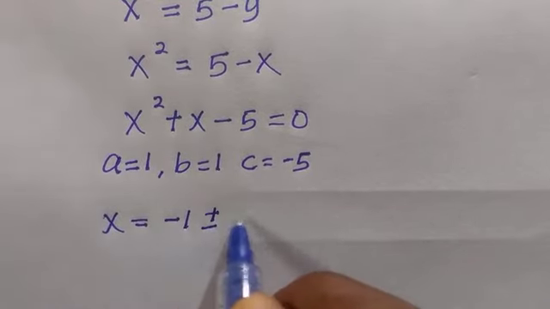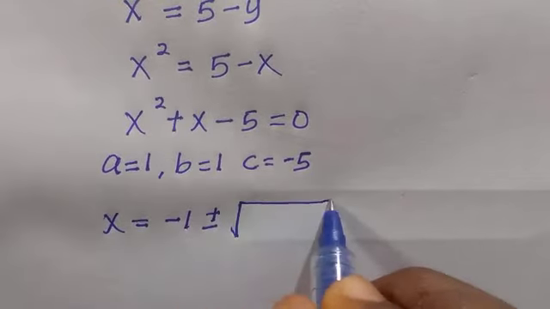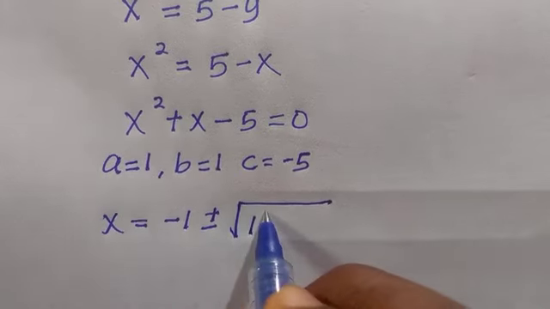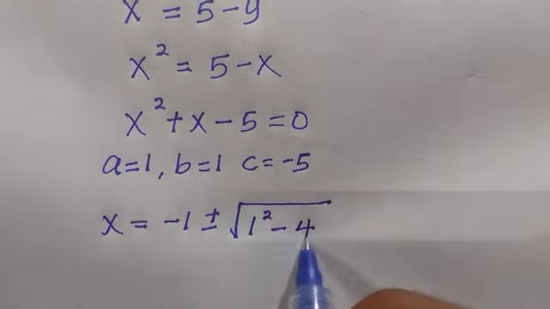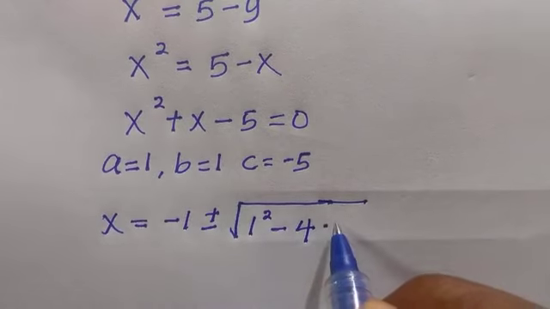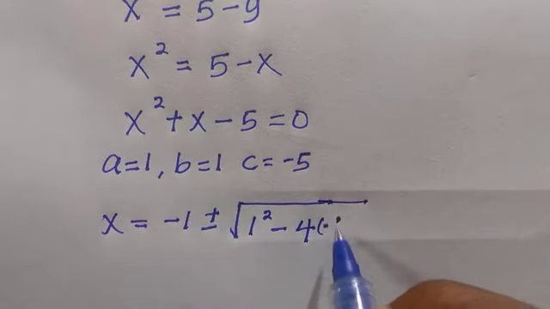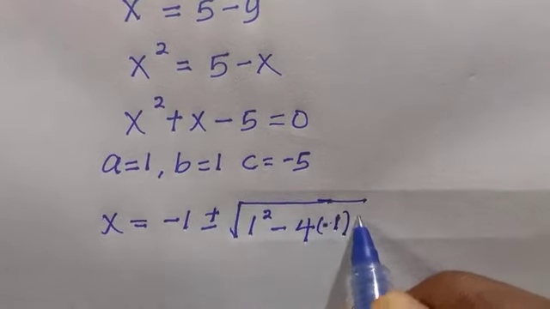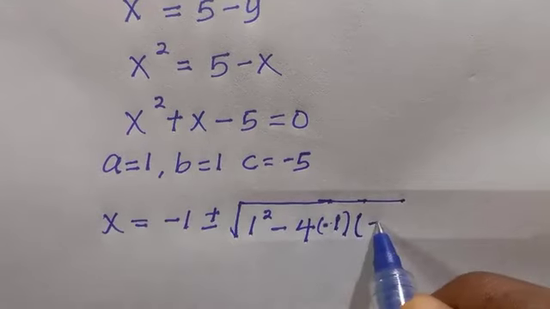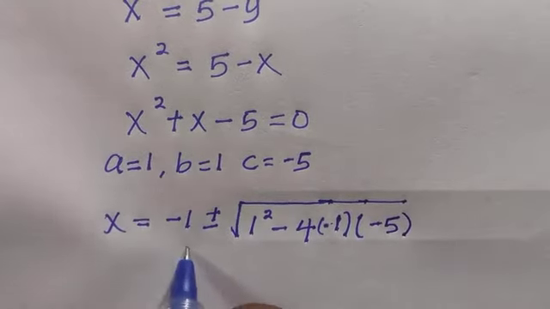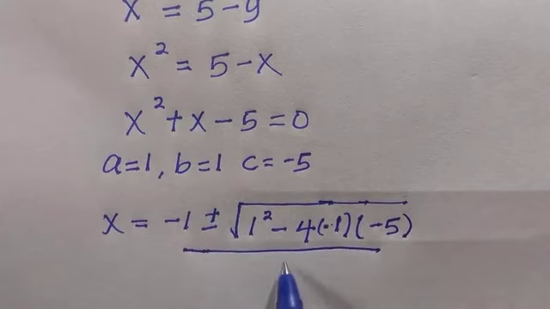So we have minus 1 plus or minus the square root of b squared, which is 1 squared, minus 4ac, which is 4 multiplying, let me use brackets, 4 multiplying 1 multiplying minus 5, all divided by 2a, and we have 2 multiplying 1.